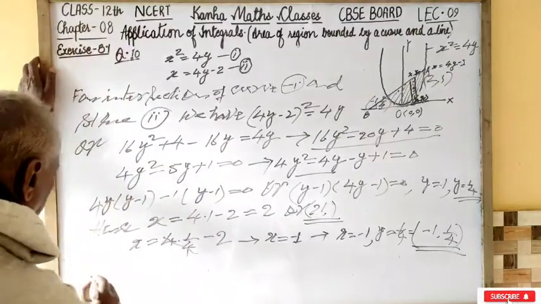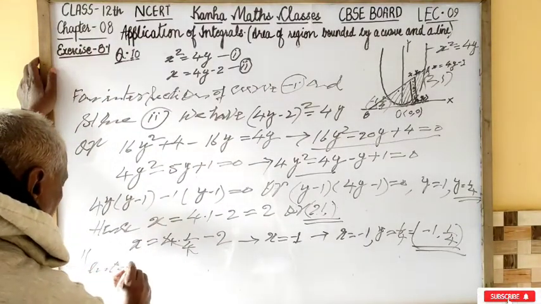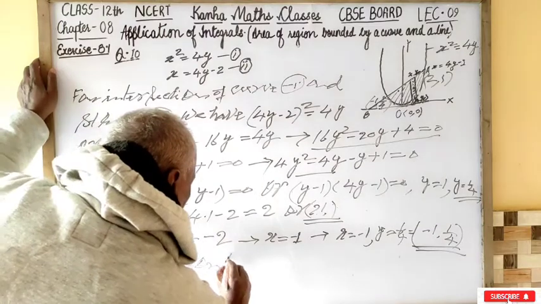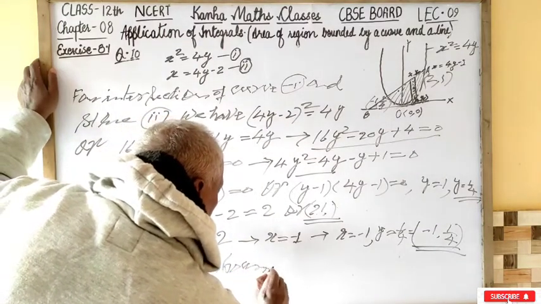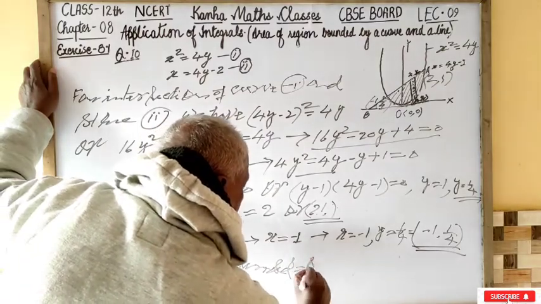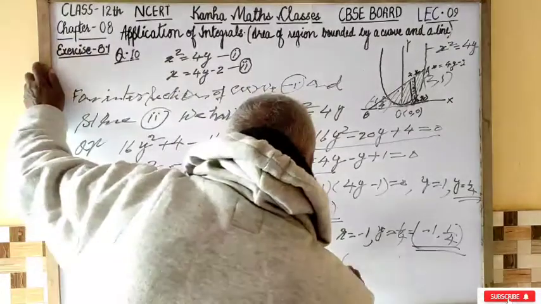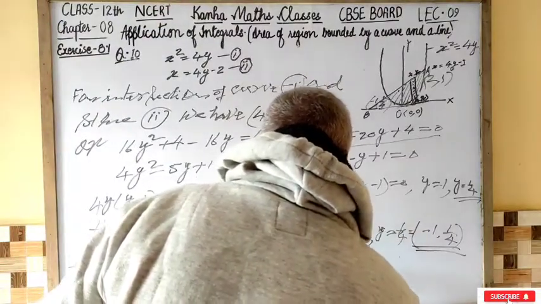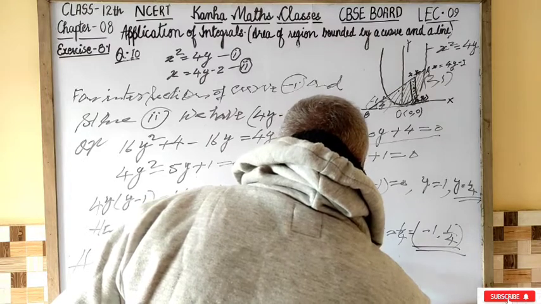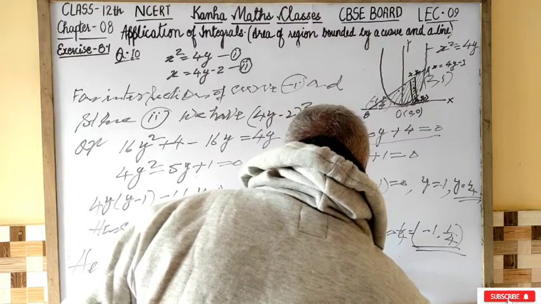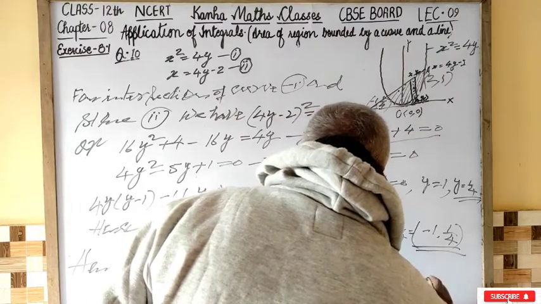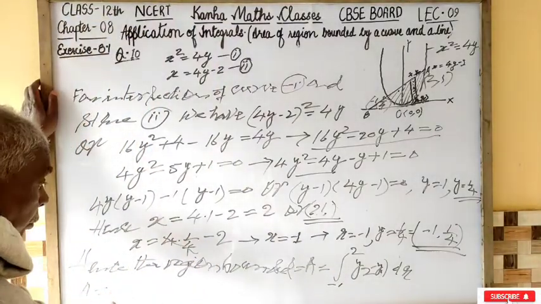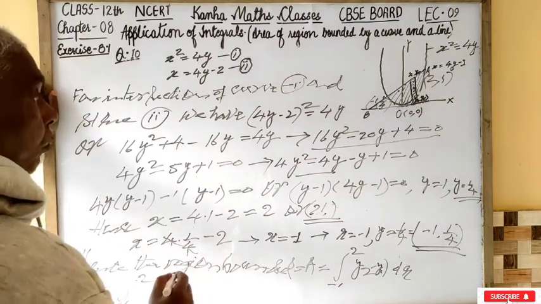Hence the region bounded is A, which will be equal to the integral from minus 1 to 2 of (y2 minus y1) dx.